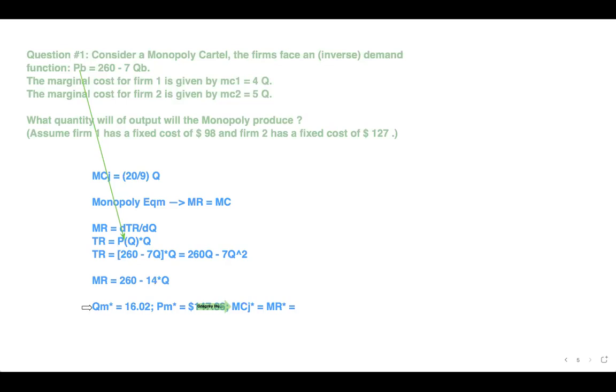Would you take the quantity output, like the 16.02, and then plug that into your joint marginal cost function? That would be really easy. That's one way, and you could also plug it back into the marginal revenue, right?